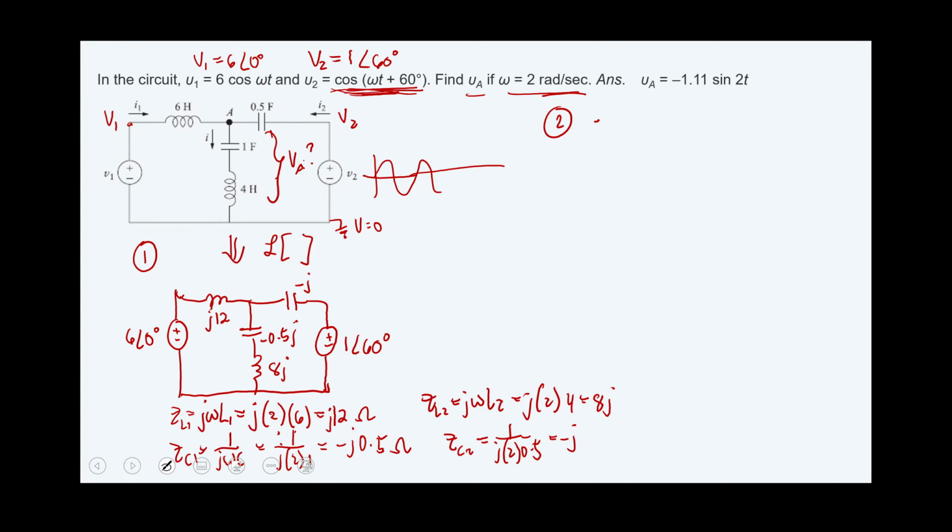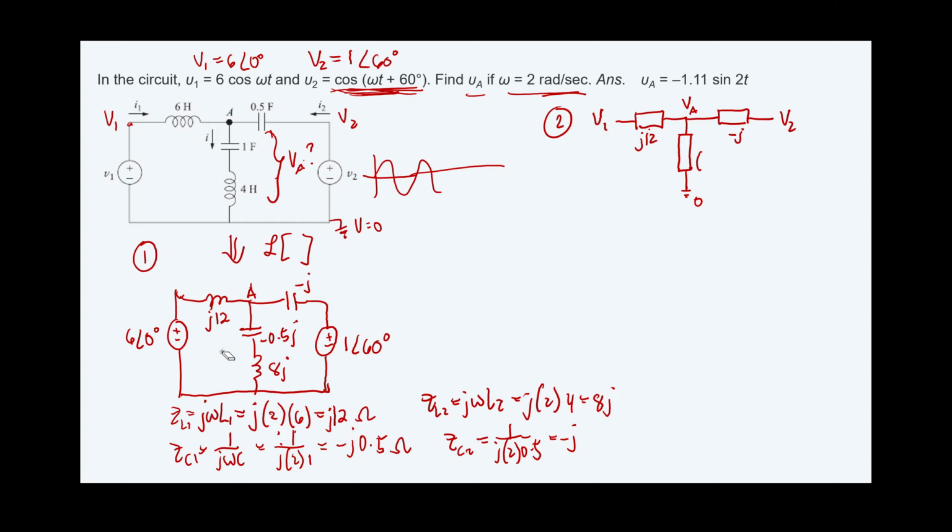Sorry, I can redraw the circuit, but you don't need to redraw, no? So this is VA, so you have here V1, and then I can replace this one with that one, so to emphasize, then V2, then you have VA, then 0, and then you see this impedance here, we write positive J12, and then we have here negative J. If you notice, I combined the two because this is the capacitor here and the inductor.